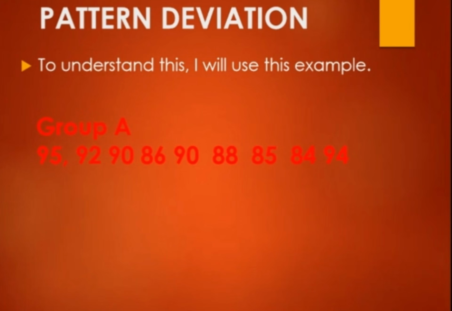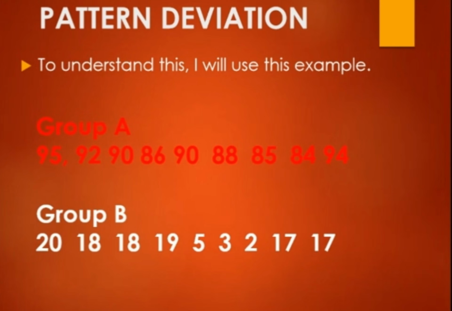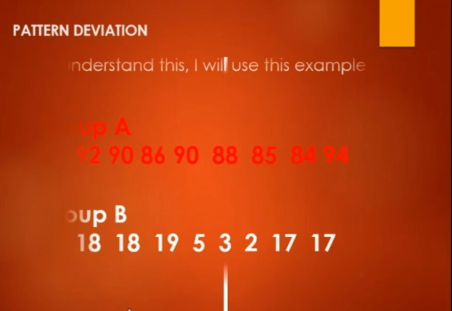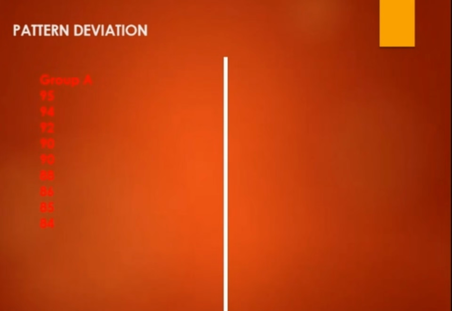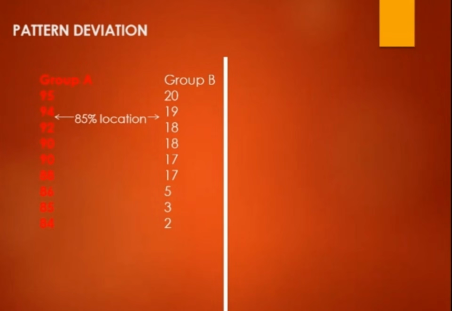So let's look at this example. Let's look at the figures in group A and then those of group B. We'll have 95 here, we'll have 20 here, we'll have 92, we'll have 18, 90, 18, and so on. So the machine checks the 85% location and then does some subtraction there.